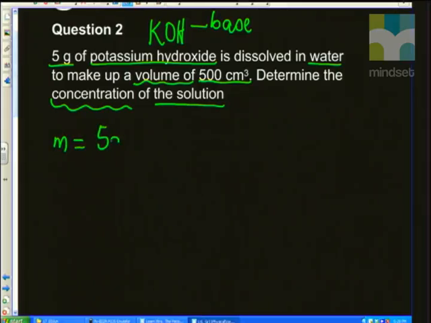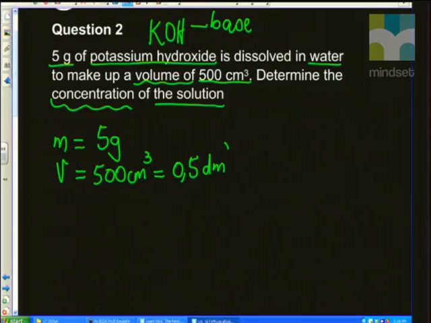It's 5 grams. You have the volume that the solution should make. It's 500 cubic centimeters. We work in cubic decimeters, so I can convert it immediately to 0.5 cubic decimeters.